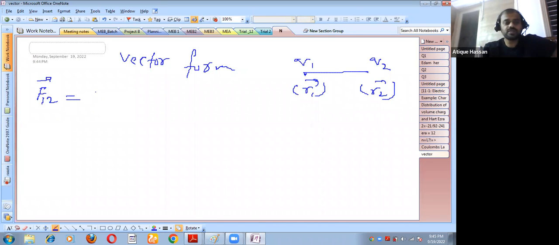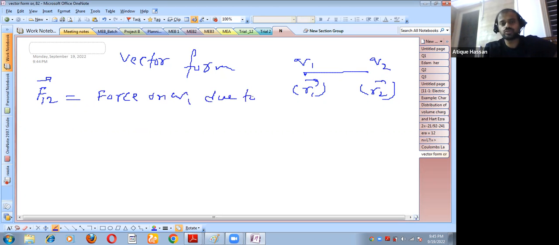So it is written like this: F1 means force on q1 due to q2.